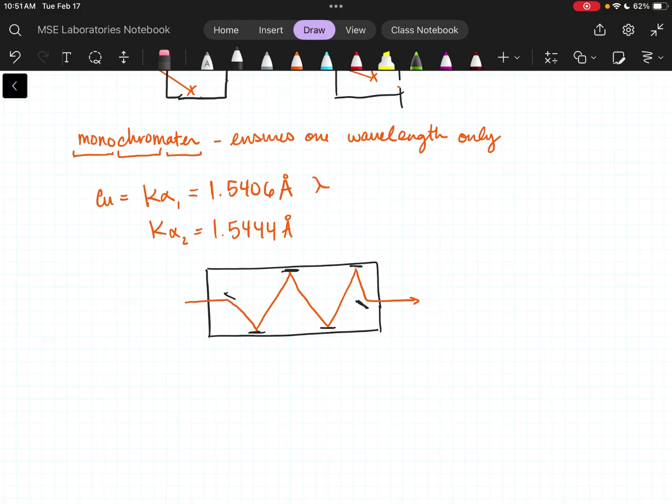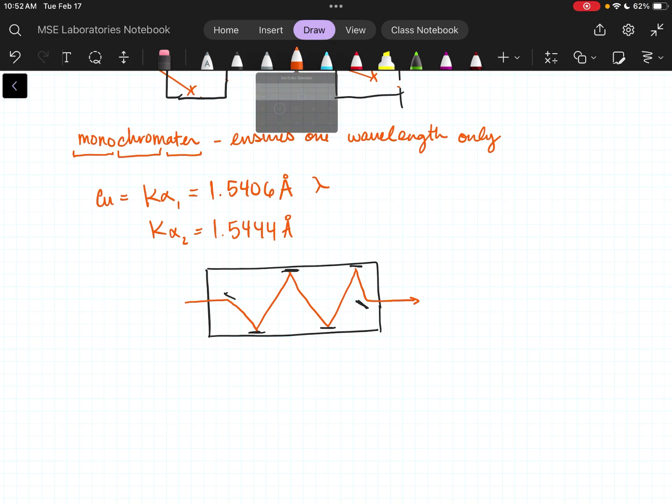And it's got these mirrors at each of those points. Those are little mirrors. The black lines that I drew are just the mirrors bouncing it back and forth.